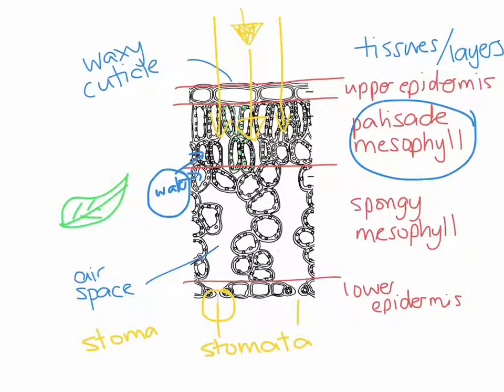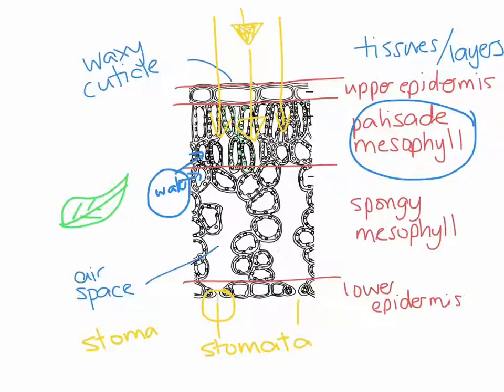So what happens is that the carbon dioxide can get in here through there and can get up through the airspace and then gets into the surrounding cells and moves from cell to cell until it gets up into the palisade mesophyll cells.